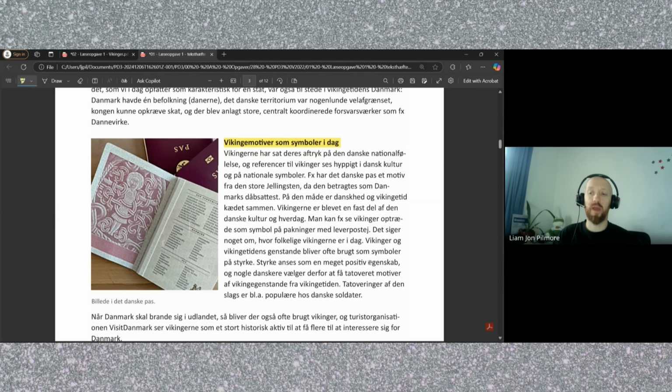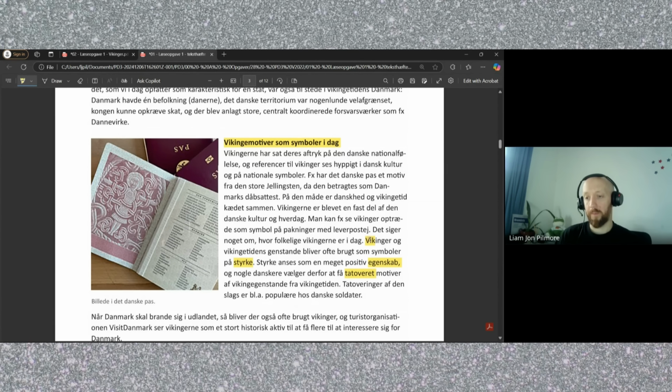I found the word ironscape down here and tattoo here. So our answer is around here. Let's go back and read the entire sentence. Maybe just before: vikinger og vikingetidens genstande bliver ofte brugt som symboler på styrke. Styrke anses som en meget positiv egenskab, og nogle danskere vælger derfor at få tatoveret motiver af vikingegenstande fra vikingetiden.